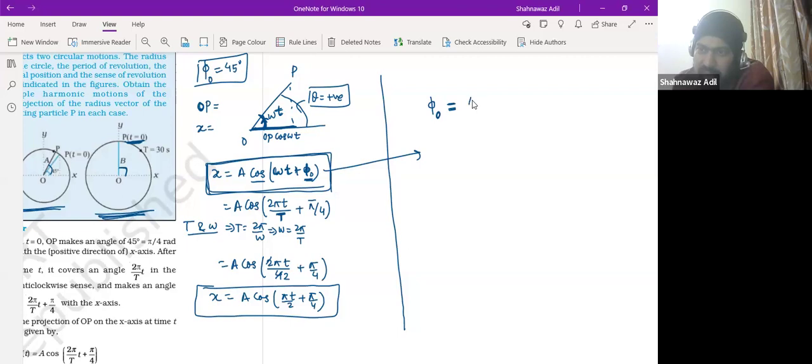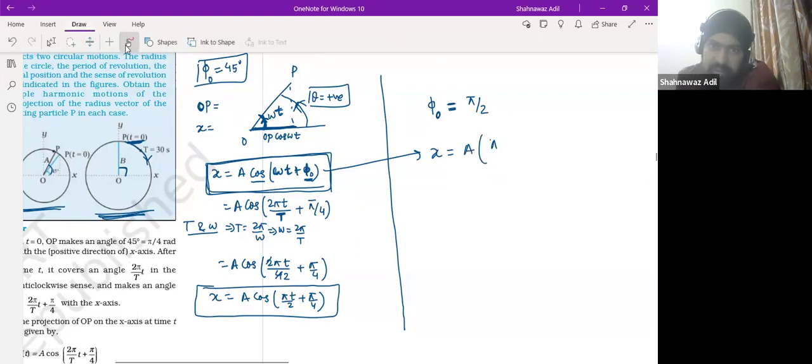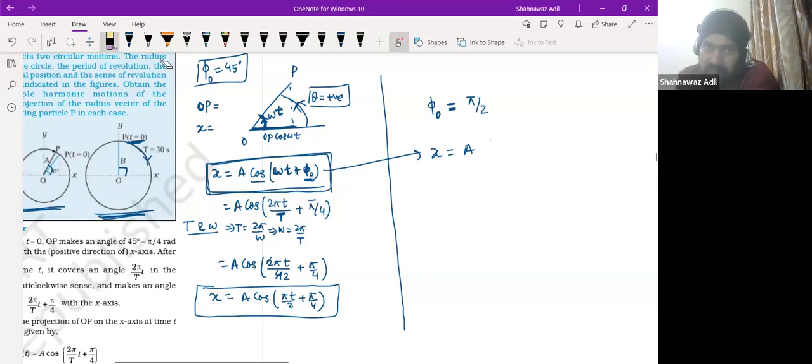Phi naught is pi by 2, right? And now this is traveling in the opposite direction, it is not traveling this way. So then this x would be A cos of minus omega t plus pi by 2, right?